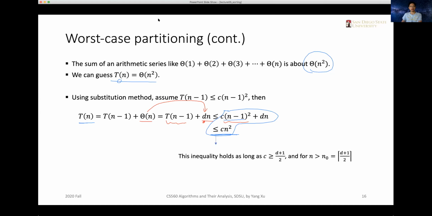We find that c must satisfy this condition: it must be greater than d plus 1 over 2, and we must choose n0 to be the ceiling of d plus 1 over 2. Then this inequality will hold. So this quadratic upper bound holds from a smaller case to a bigger case, and that is the first step of the mathematical induction. And it's promising because the boundary conditions are quite easy to find.